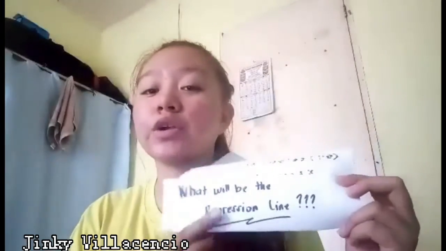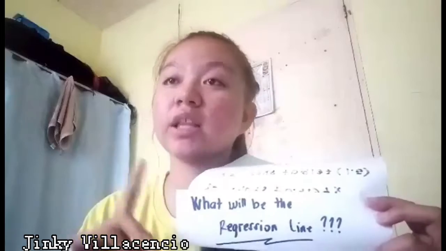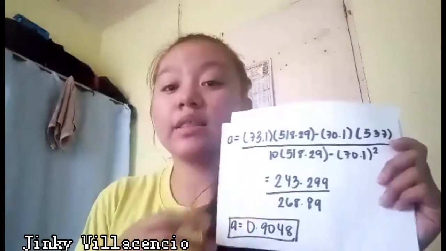So first, our problem is to find our regression line. To find the regression line, we will use y equals a plus bx. To find the a, with the given data, we have gathered and substituted.